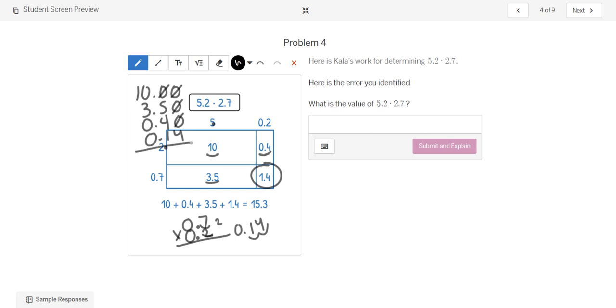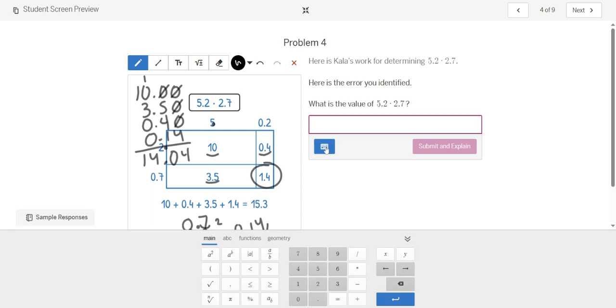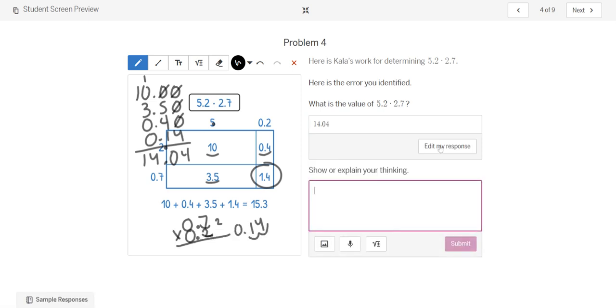When I add that up, I got 4, 10, carry the 1, and then I end up with 14.04. Oops, I missed the decimal point. Then submit and explain. Well, I just did it. I'm going to write C work because it's right there.